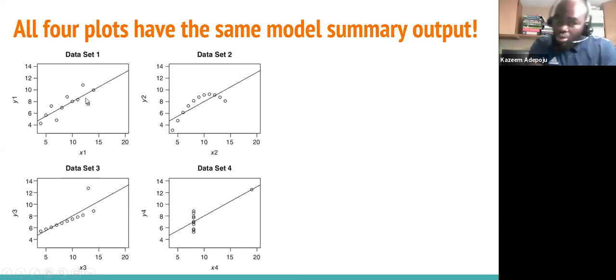Though the relationship in data set 1 is not perfect, because we don't expect the relationship to be perfect. If the relationship is perfect, all of these points will be on the straight line. So we're in a world where we don't have a perfect model anywhere.